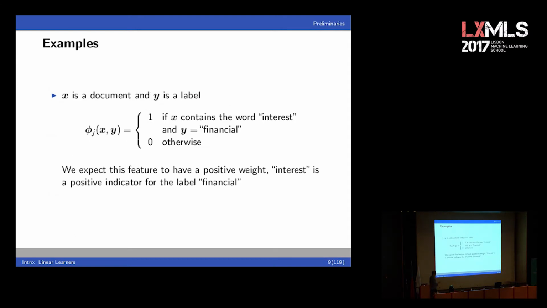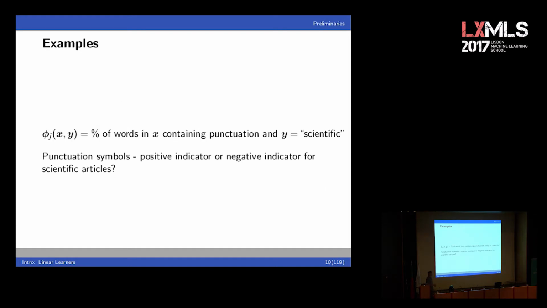So an example, again, this would be an example from text classification. The label is financial, and the feature is, do I see the word interest? You would guess that this feature should receive a positive weight, right? So interest is a positive indicator of the label financial. Then another example would be, again, text classification.